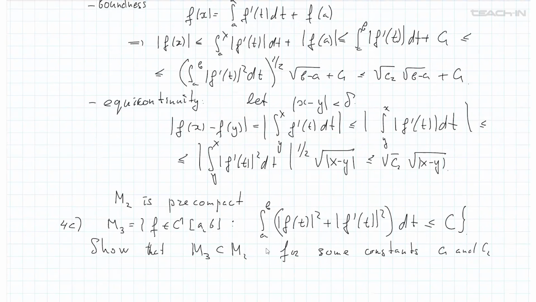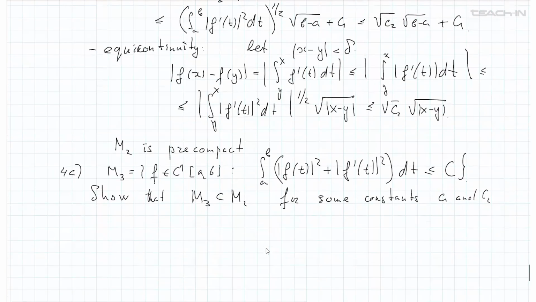Is this idea clear? It is the idea of the proof. And then we conclude that M3 is precompact too. So it is the idea. Let's do it.